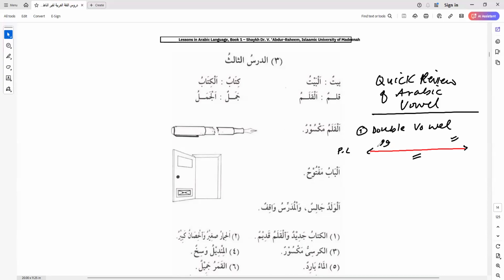Fathatain and dammatain are always put at the top of the consonant. So if you have ba, the fathatain is going to be here, the kasratain is going to be here, and the dammatain is going to be up here. You can see the line.